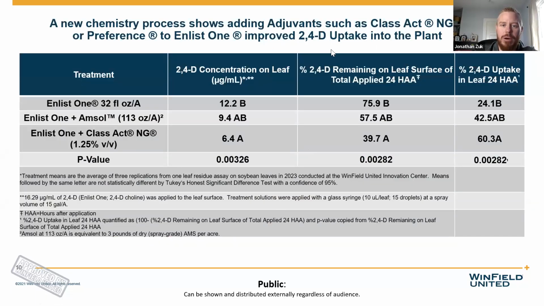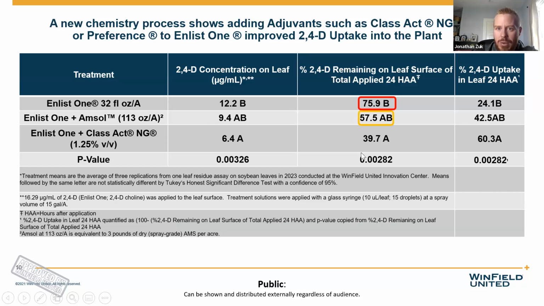Here we're looking at the data. This is the first part of the data, and there's maybe a lot of writing on it, but I really want to hone your eye into the amount of active ingredient remaining on the leaf surface. In this case, we're looking at Enlist One, so that's 2,4-D, and after that 24-hour period, we can see that still 76% of that 2,4-D is on that leaf surface by this quantification method.